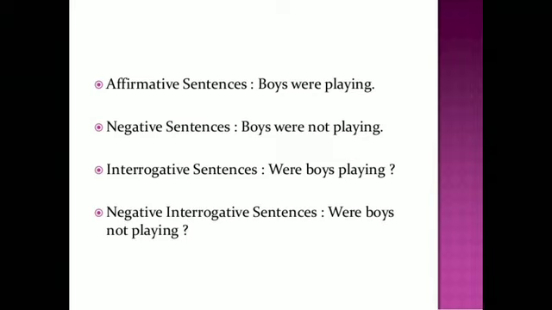Then in negative sentences: boys were not playing or girls were not playing. In the same manner, in interrogative, that is, were boys playing or were girls playing. After that, in negative interrogative sentences: were boys not playing or were girls not playing.